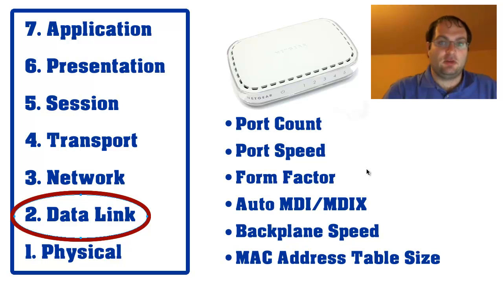The next item is the auto MDI/MDIX. So having that feature means that you don't have to worry about when to use a crossover cable or a straight through cable, because the switch will actually renegotiate how that port should be in order for traffic to travel across the wire you use. Next, the backplane speed.